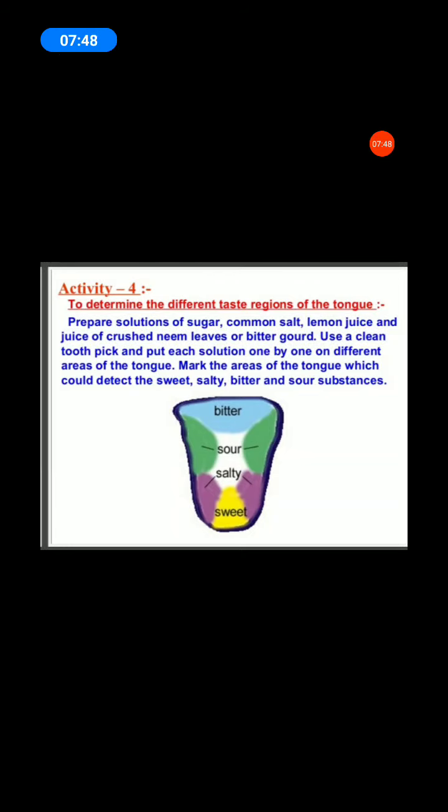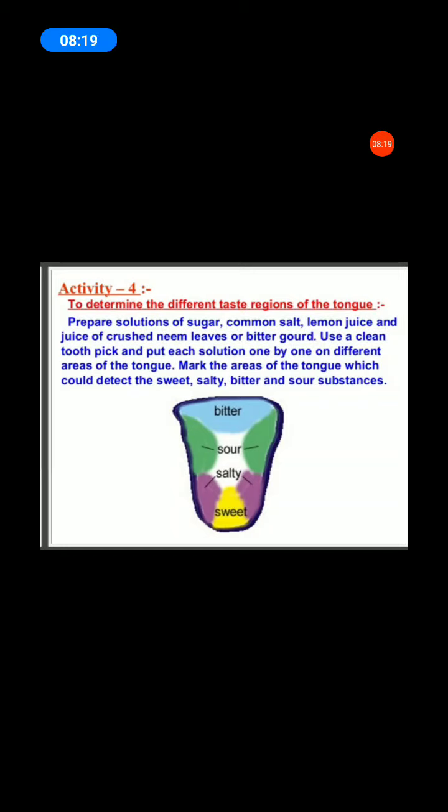Next, prepare solutions of sugar, common salt, lemon juice and juice of crushed neem leaves or bitter gourd. Use a clean toothpick and put each solution one by one on different areas of the tongue. Mark the areas of the tongue which could detect the sweet, salty, bitter and sour substances.